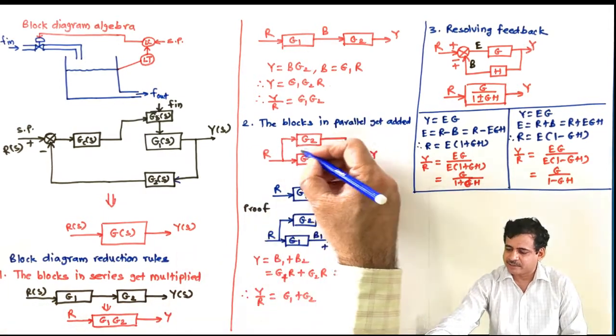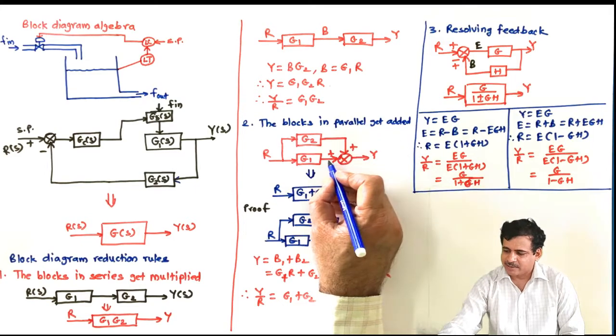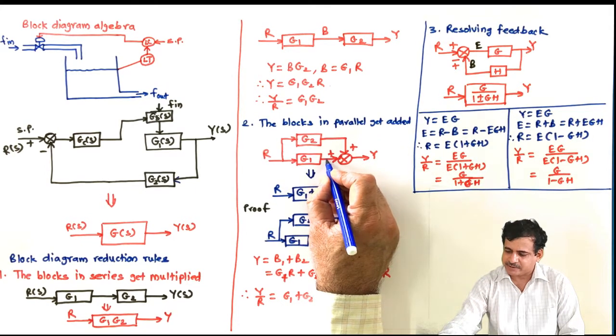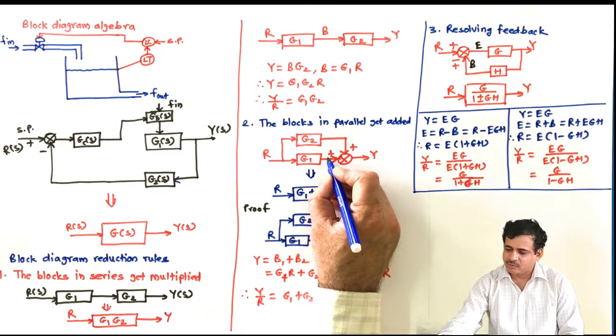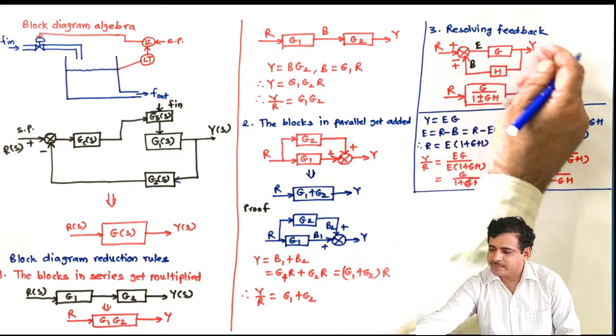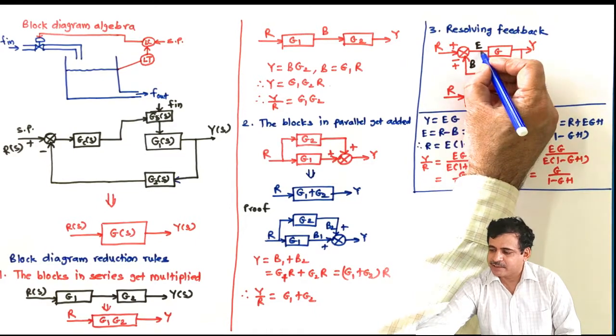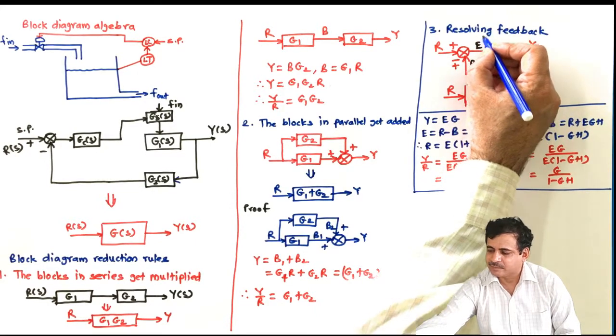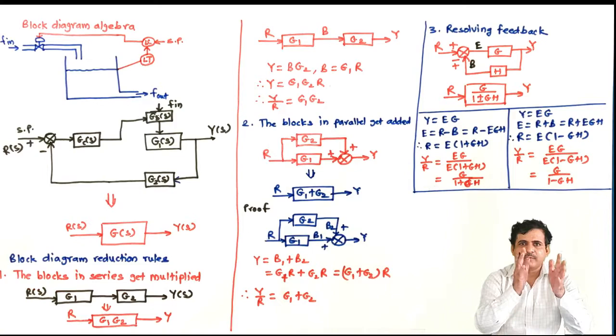Same way here, this is parallel. Yes, correct. But if I take a signal from this, like here, it will not be parallel. Like here, this is a feedback loop. But if I take a signal out from here, it will not be a feedback.